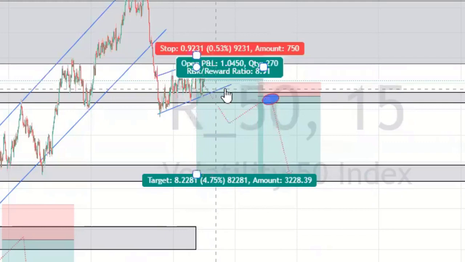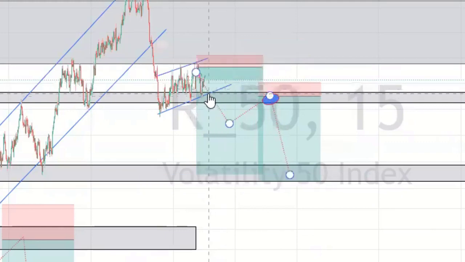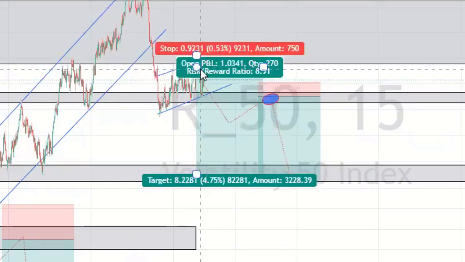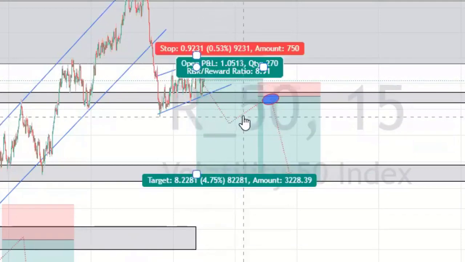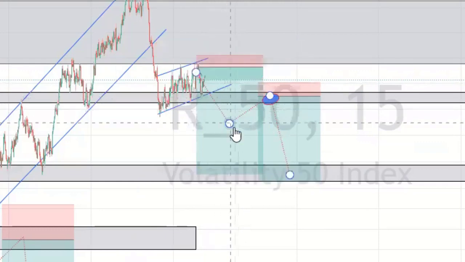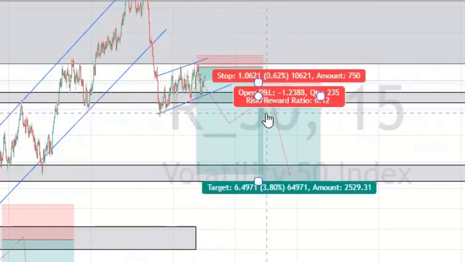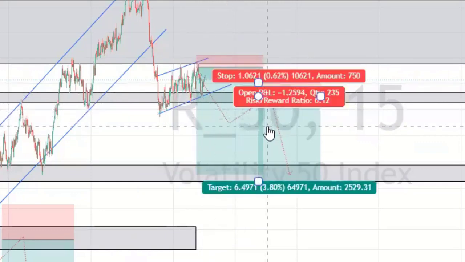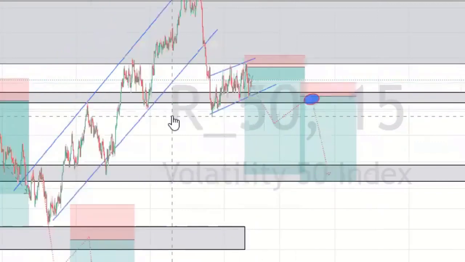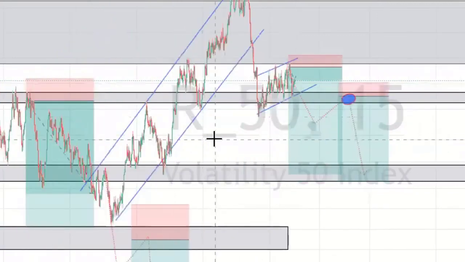Although you see that the trade is retracing, we are anticipating that the market is going to break to the downside, and once it breaks and we have a retest to this side, we are going to find another entry. So that's that on the Volatility 50 index.